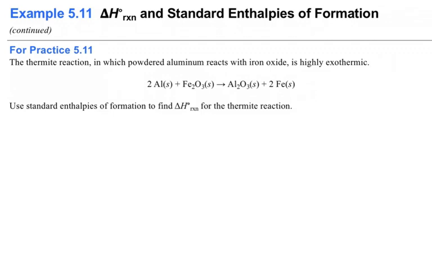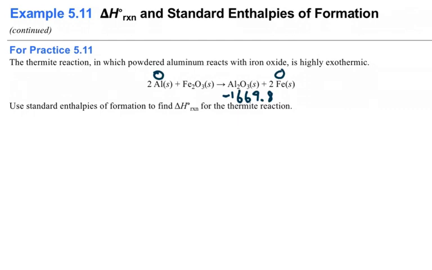The value for aluminum oxide from the appendix in your book is negative 1669.8 kilojoules per mole. Now remember, aluminum and iron are both going to be 0 because they are elements.